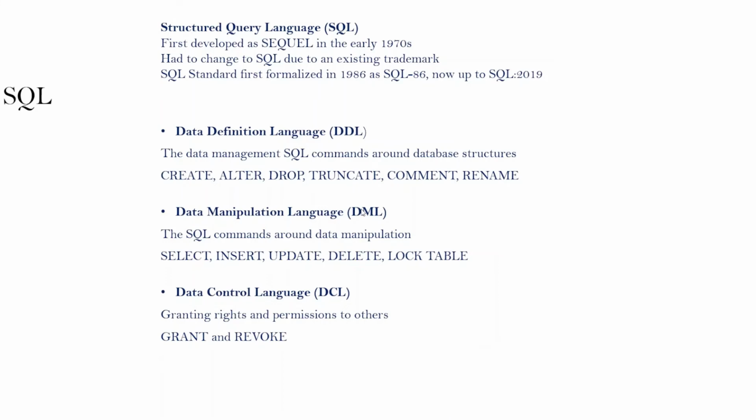When we go to data manipulation language, the commands are select, insert, update, delete. We are not inserting a table. If we have to create a table, we use create table. So what are we inserting here? We are inserting data.